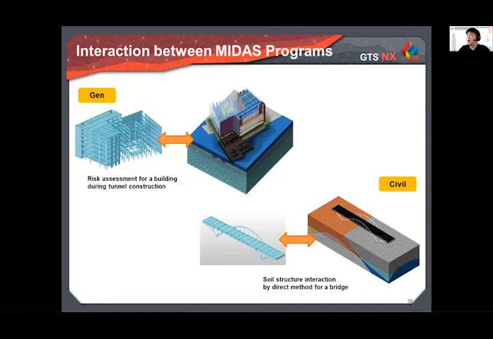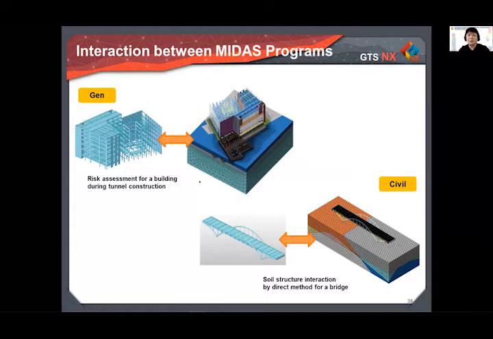In the first case, on the left-hand side, this is the model from Midas Gen. The whole model information can be exported into GTS NX, then you can simply create the ground modeling since you have already imported the superstructure from Midas Gen.